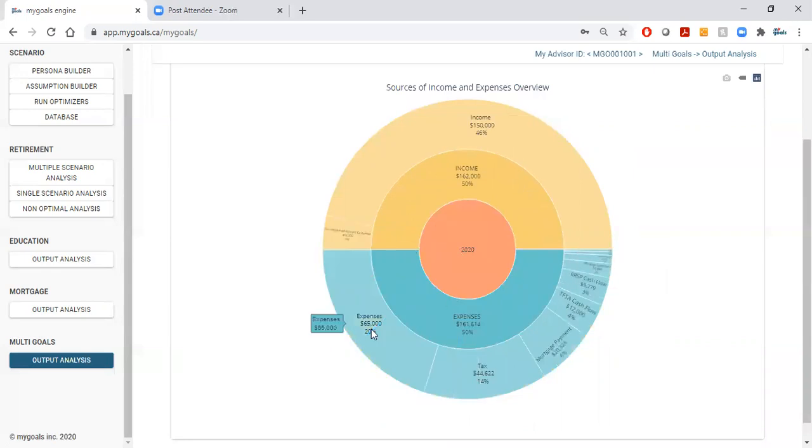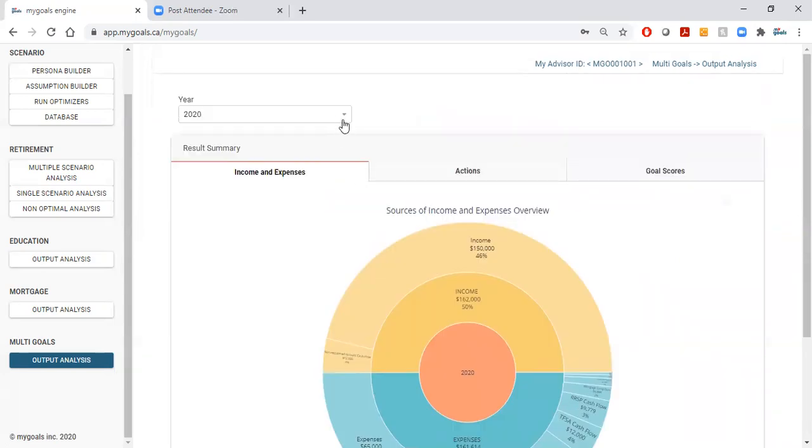We can look at all of the different expenses. So 65,000, these are the total taxes paid, mortgage, TFSA, RRSP, a little harder to see, but the mortgage lump sum for that year, CPP, RESP, and EI. And we can do this for every year.